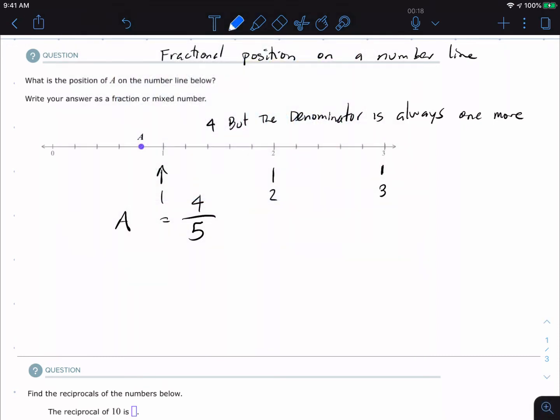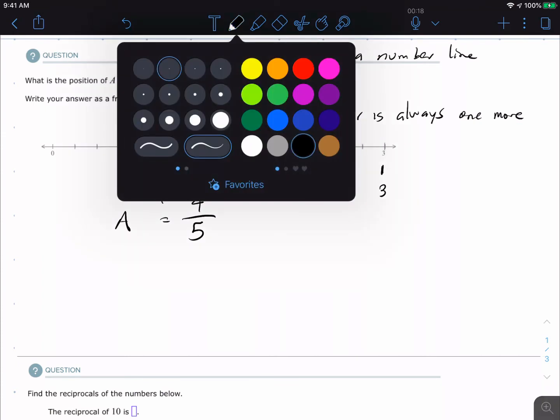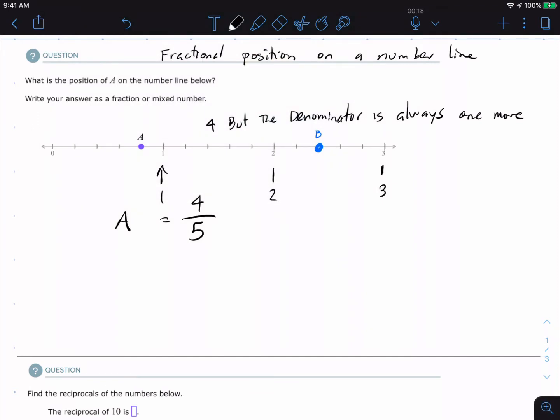So let's say I gave you a dot right here, and I'll call it B. So now what we want to do for B is we're going to go with whole numbers, so we want to write it as a mixed number. So what whole numbers are we between? We're between the number 2 and the number 3.